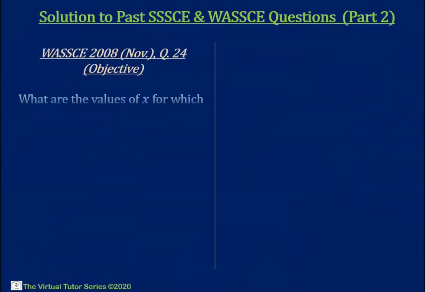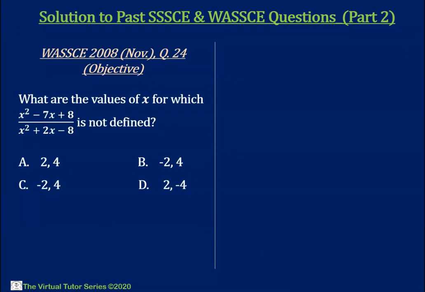WASSCE 2008, NOVDEC, Objective Question 24. What are the values of x for which x squared minus 7x plus 8 all over x squared plus 2x minus 8 is not defined?